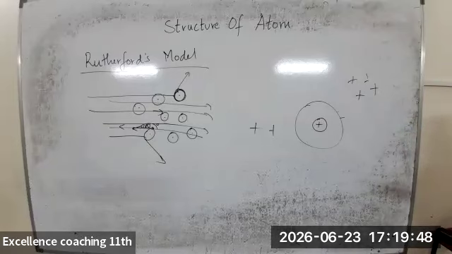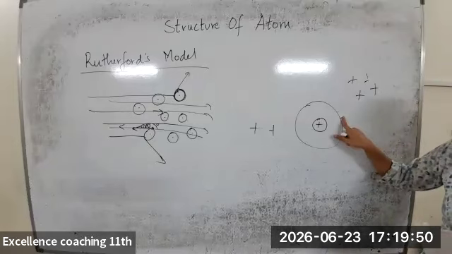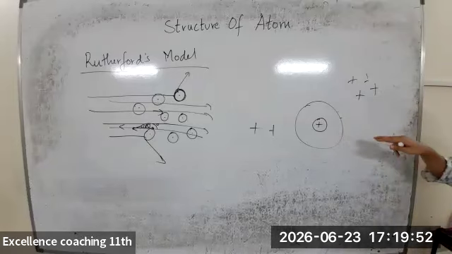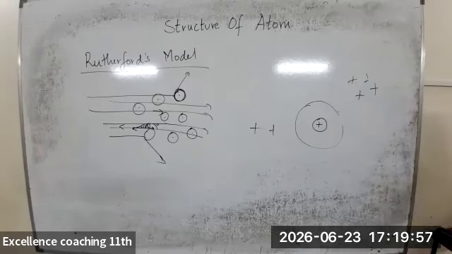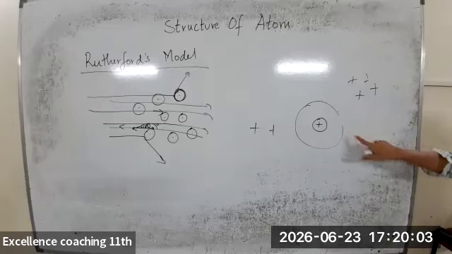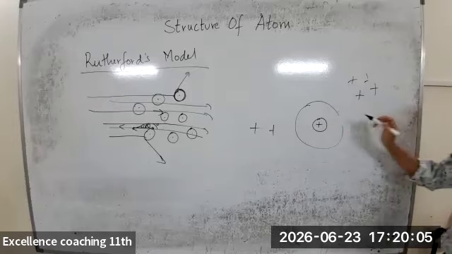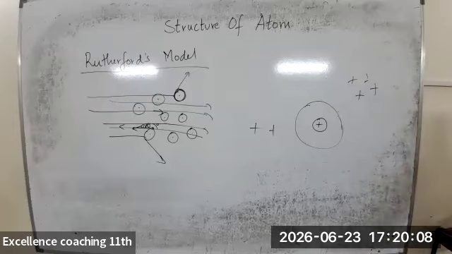The second point speaks about the electrons. He said that the electrons surround the nucleus in orbits. Then he said that for the atom to be stable, there should be some force to keep it intact.